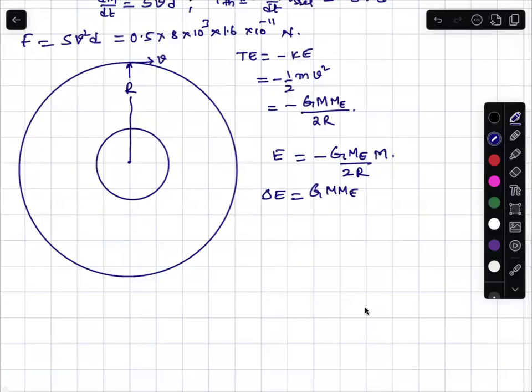Here 1 by R differentiation gives minus 1 by R square, so it is G M ME by 2R square delta R. So therefore, delta R is 2R square by G capital M ME times delta E. Why is there a change in energy? Can someone please explain? Because someone is doing work.